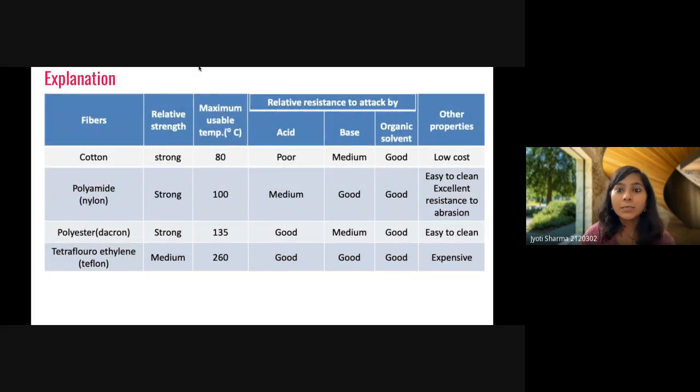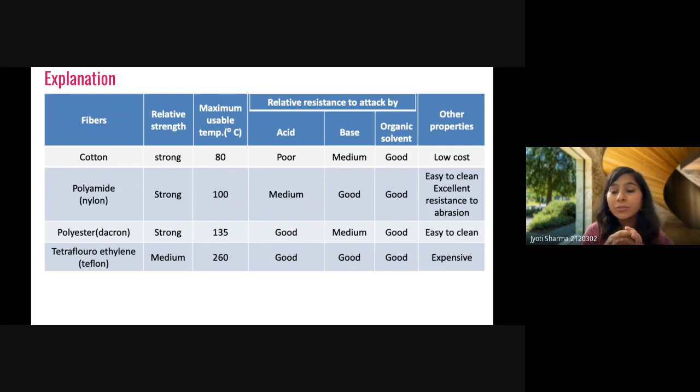Because we talked about fabric, we can use different types of fabric to manufacture the fabric filter. For example, we can use cotton, nylon, dacron, or teflon. But you have to see the type of gas you have, whether it is acidic or basic in nature, and whether the temperature of your gas is high or not.